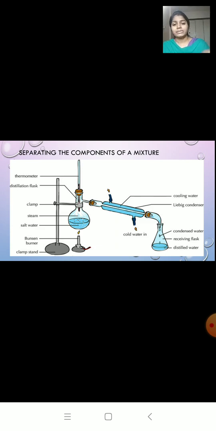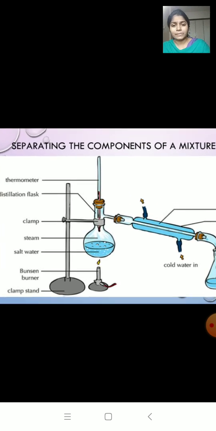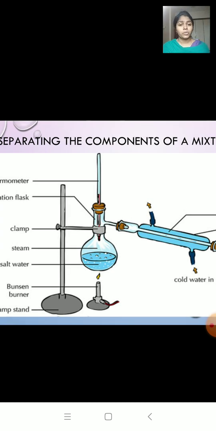So let's see, the setup will be the same. In the distillation flask or round bottom flask, we will take the salt water mixture and start heating. Once the temperature reaches 100 degrees Celsius, that is the boiling point of water, the water will form into vapors.